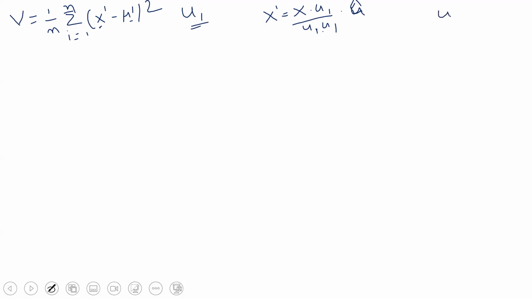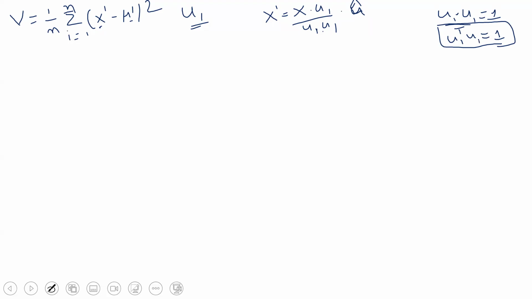That means u1 dot u1 is equal to 1. If you want to change this to matrix form, this becomes u transpose into u is equal to 1. That is the matrix notation of a vector, u transpose into u, or u1 transpose into u1.